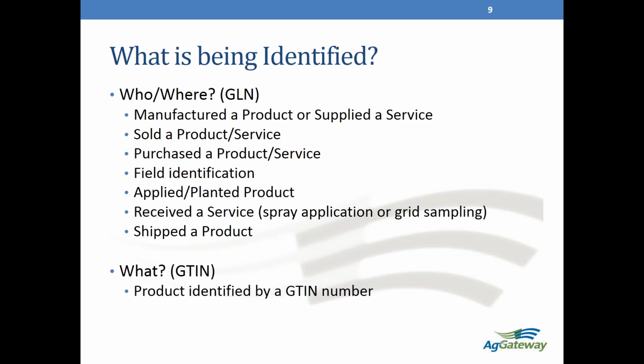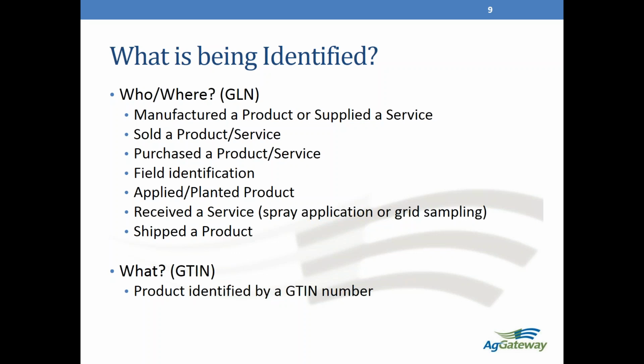So what is being identified with a GLN and a GTIN? Well, really, the GLN is the who and the where. So if you think back to some of the transactions that you have in your system, where was the manufacturer or product, or who manufactured a product or supplied a service? Who sold a product or a service?